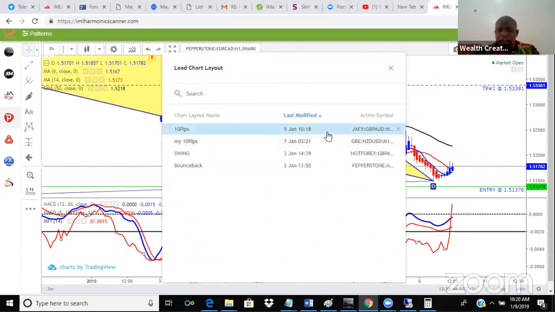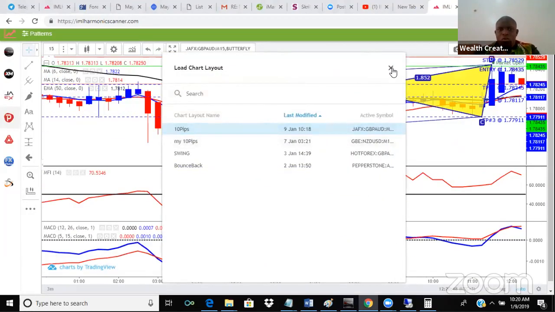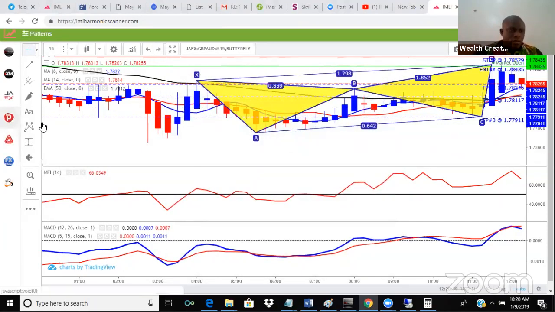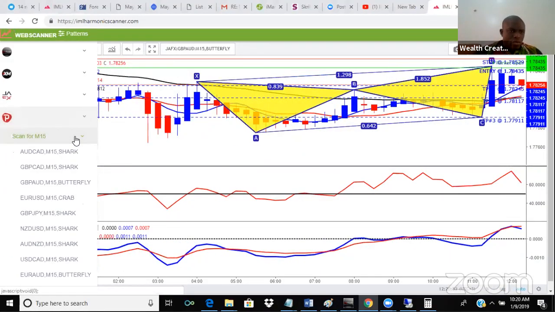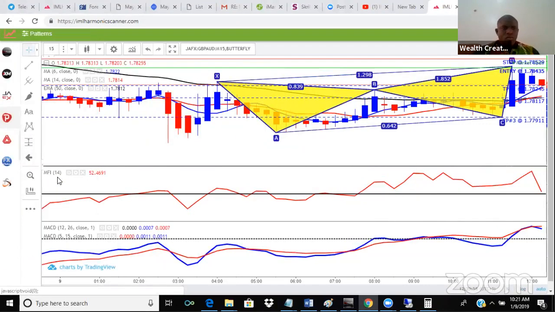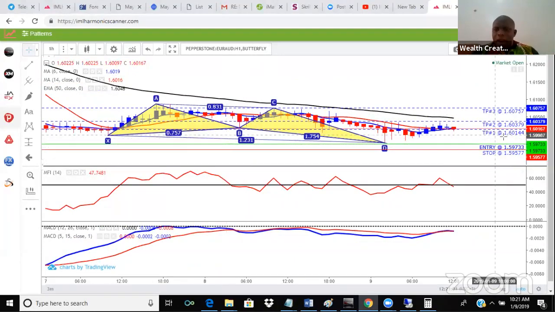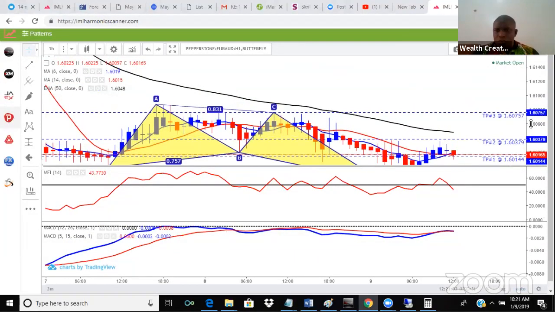So in case you click on anything, you can go and reload immediately, okay? So instead of you looking for what to set and what not to set. I've told you it is on 1 hour chart, always stick to it.